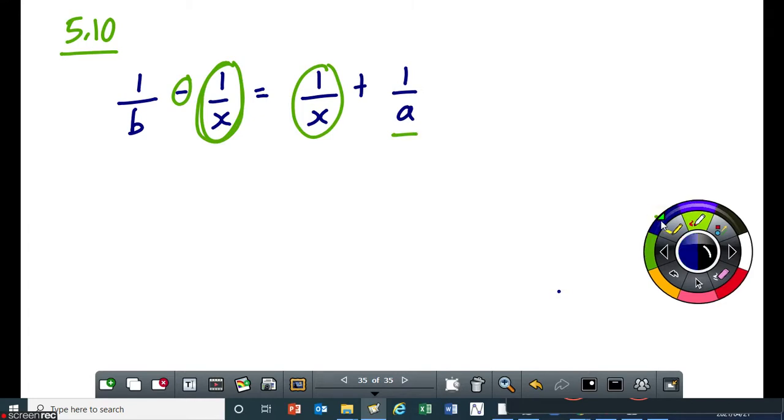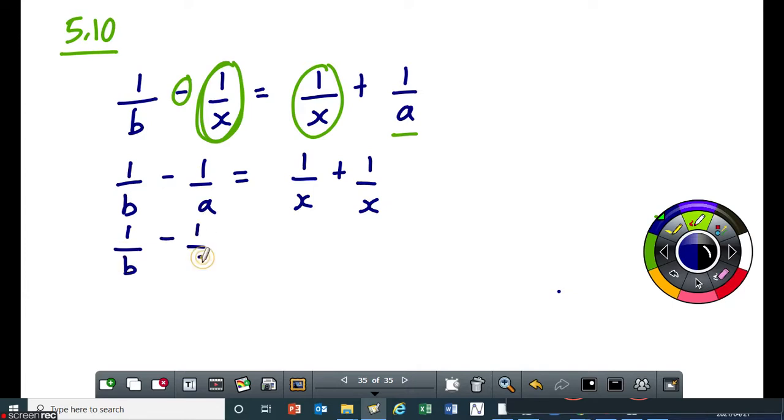If I do that, I'll end up having 1 over b minus 1 over a is equal to 1 over x plus 1 over x. Now, since the denominator here is the same, I can add the numerators and I'll get 2 over x. Any question there?